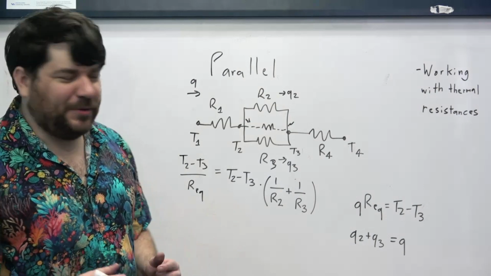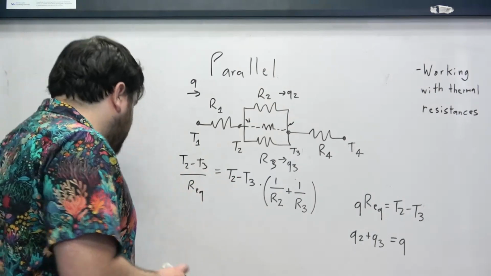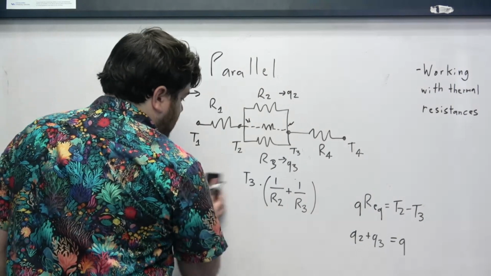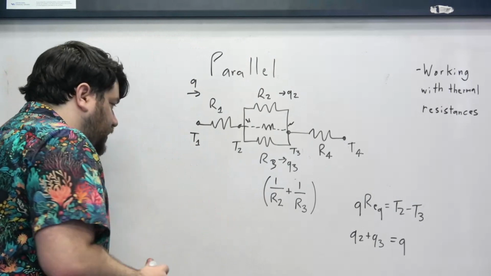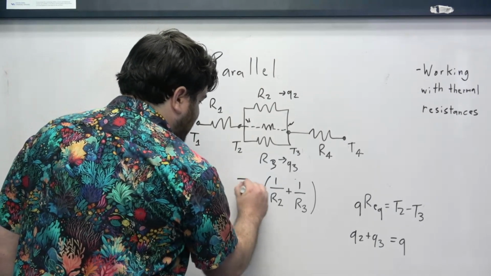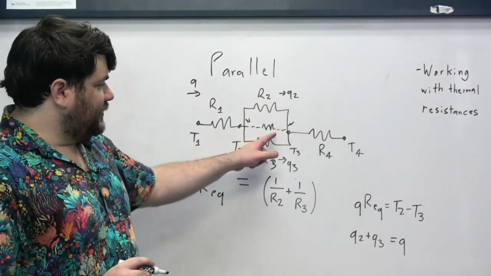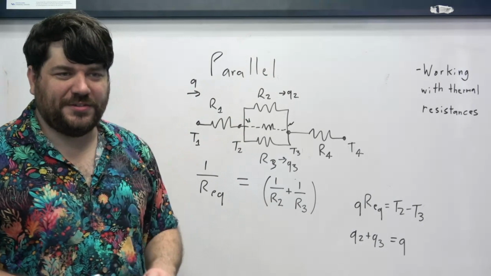Okay? What's the beauty of this? The delta T's cancel, right? So I can just divide by delta T on both sides of the equation and obtain that 1 over the equivalent thermal resistance is the sum of 1 over the individual resistances, right?